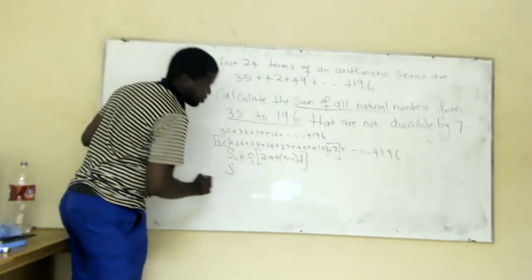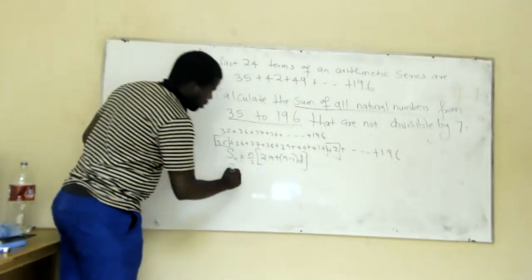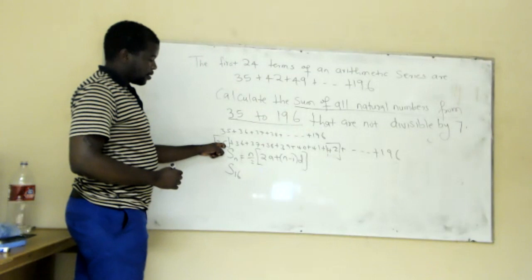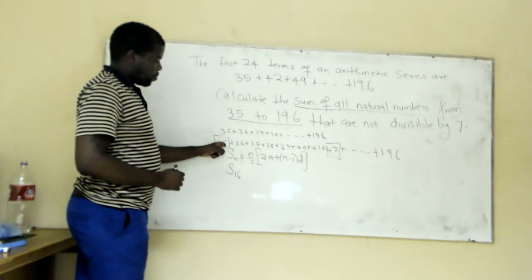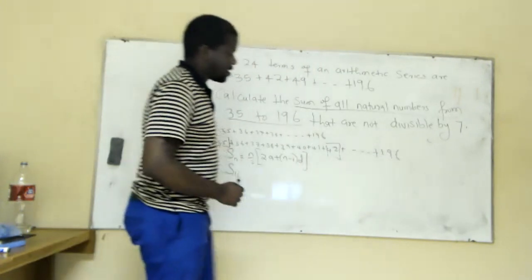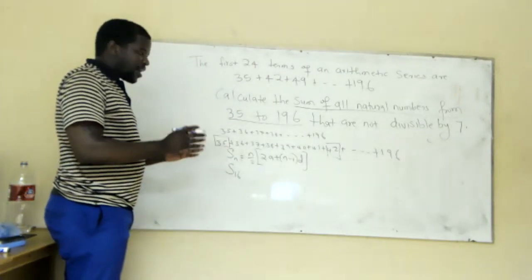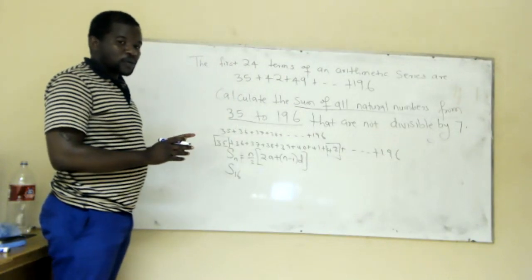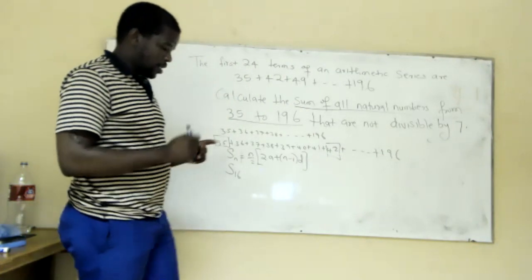197? 161. Remember, we are including this one. Yes. How many are they from 35 up to 196? Is it 161 or 162? It's 161. Okay.